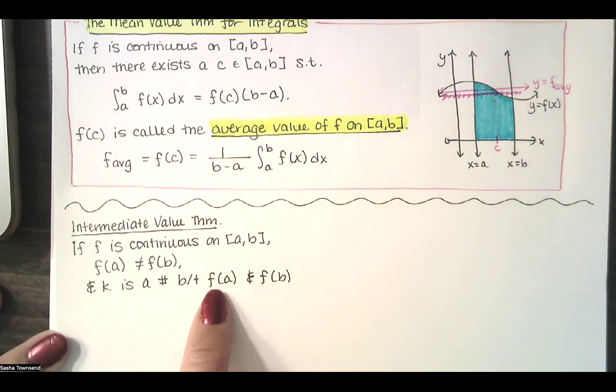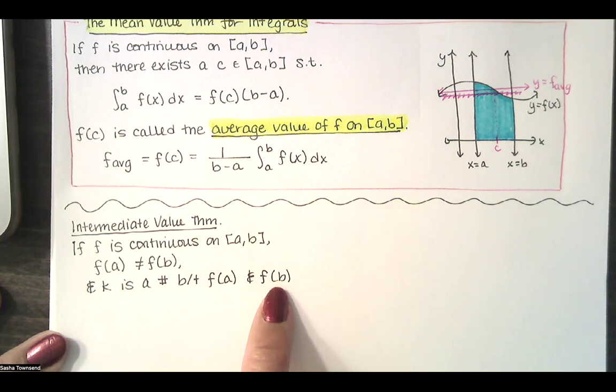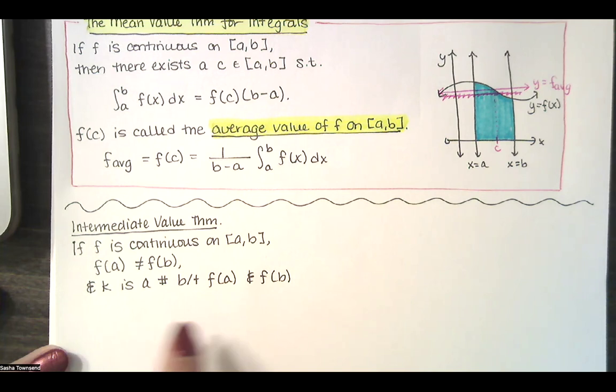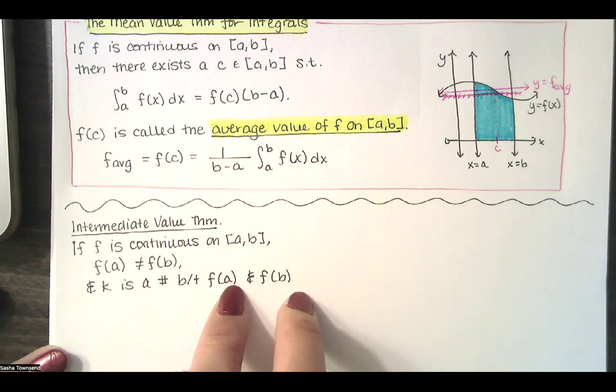So we might have f of a is less than k, which is less than f of b, or we might have f of b is less than k, which is less than f of a, depending on what the graph actually looks like. I'm not sure which one of these y values is higher.